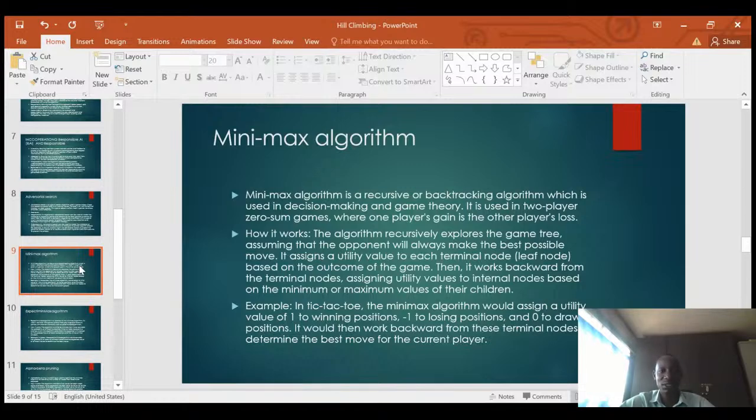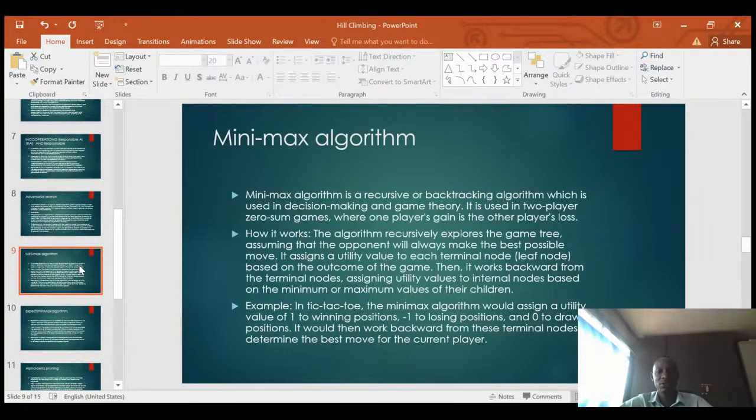It is used in two-player zero-sum games where one player gains and the other loses. How does it work? Briefly, that's how it works. And what are examples of such an algorithm? I've just mentioned some a few seconds ago, tic-tac-toe.